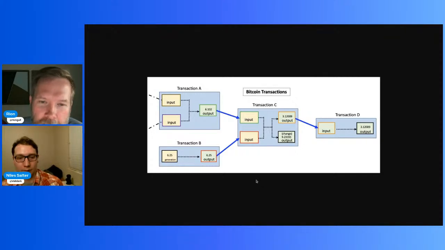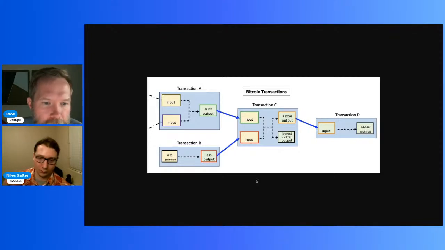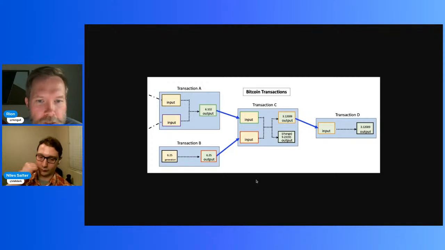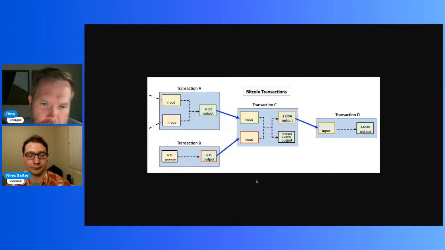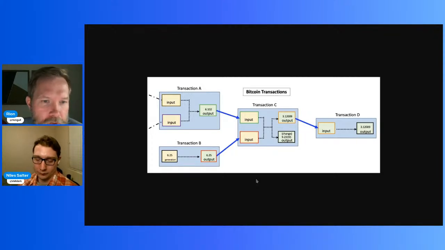If you're making an output in the amount of 3.12, then you definitely want to create another output in the amount of 9.23, because if you didn't, you would have the sum of the inputs at about 12.3, and then one output at the amount of 3.12.